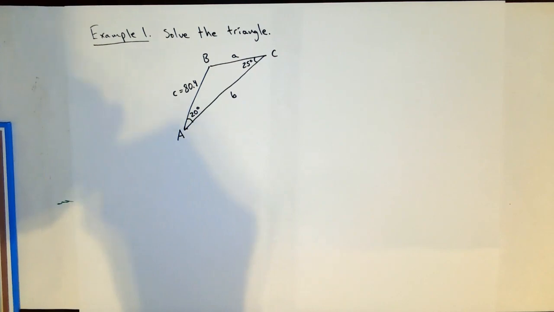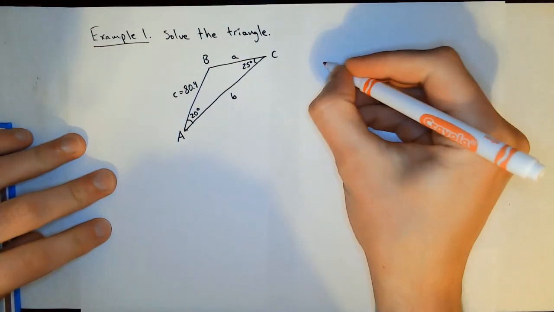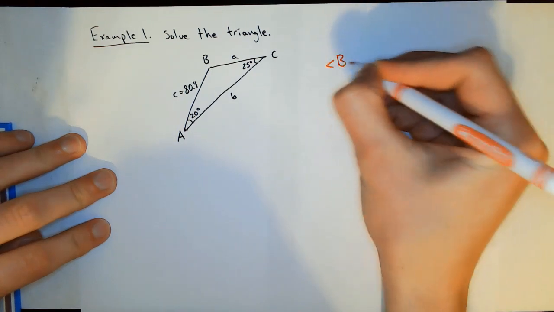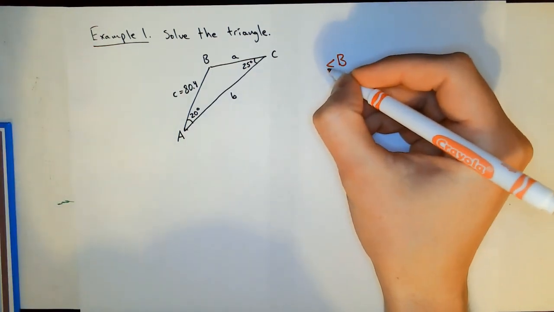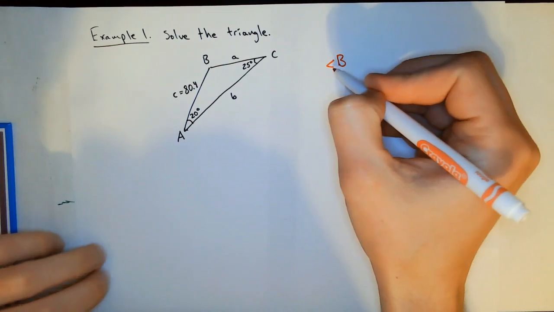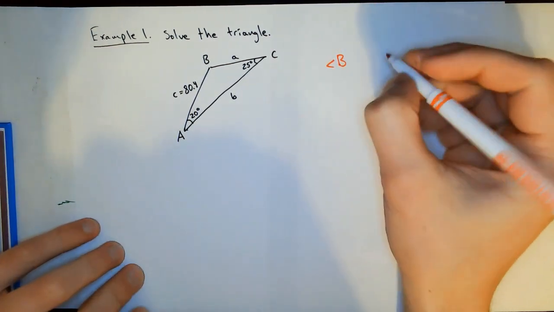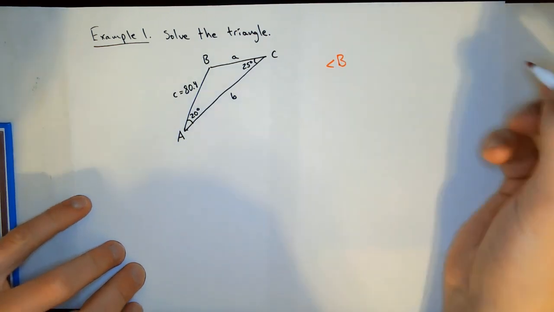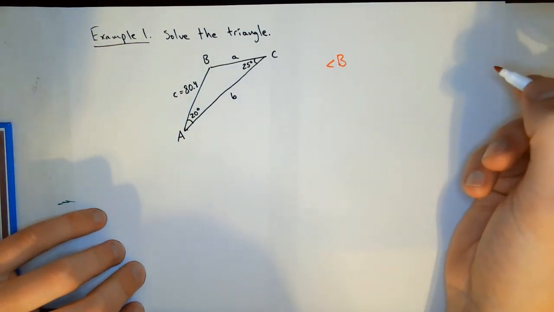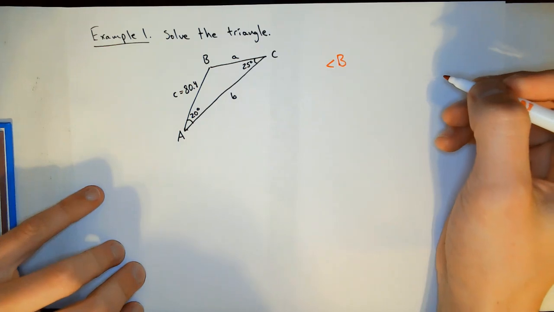So we need angle B. Well, really we should say measure of angle B, but that's not what our text does. So, anyways, okay. Now, angle B, we do not need any kind of fancy law for. This is just geometry, right?